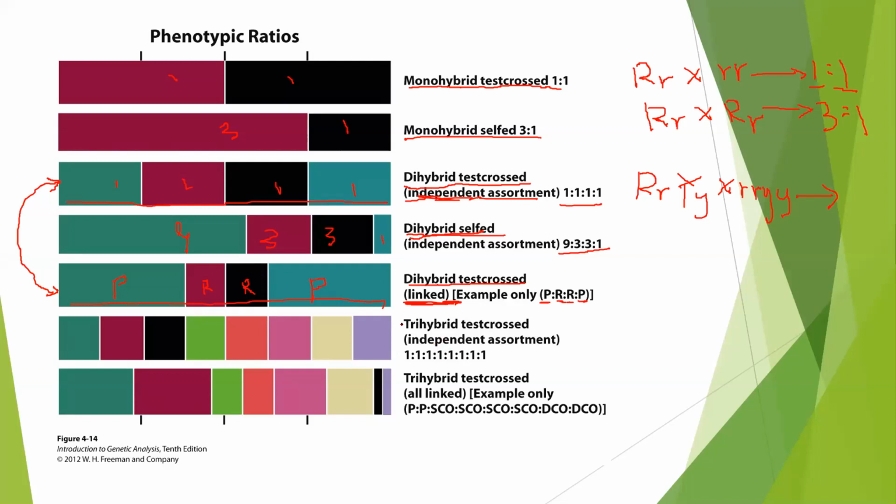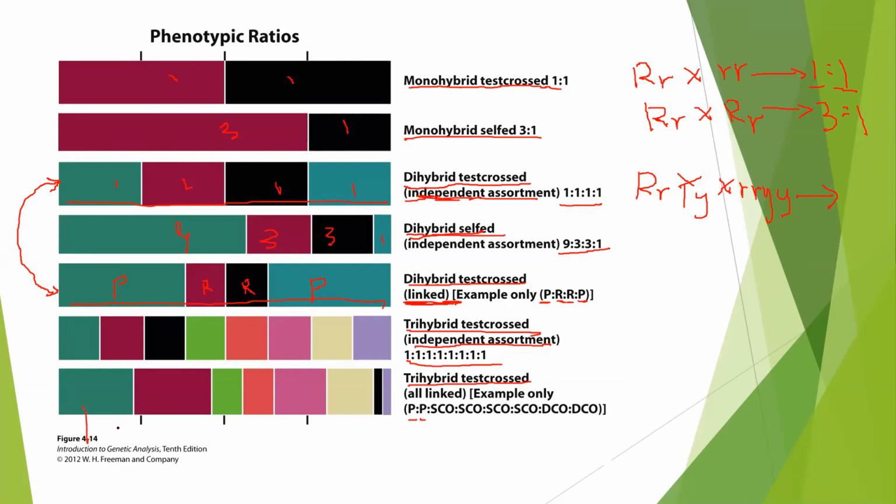The same thing for here. If we talk about the trihybrid test cross, and the 3 genes are independently assorted, all 3 genes on different chromosomes, then we're going to see a 1:1:1:1:1:1:1:1 ratio. But if the 3 genes are all linked, we're still going to see 8 categories, but only 2 are parental type.